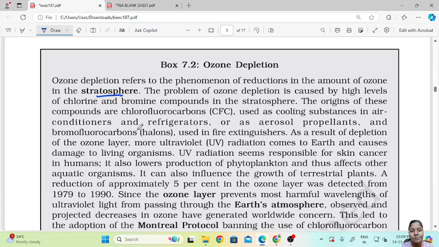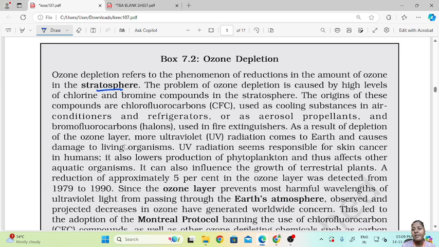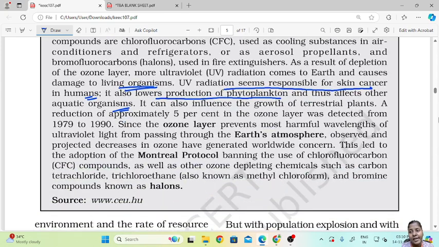As a result of depletion of the ozone layer, more UV radiation comes to earth, and this causes damage to living organisms. UV radiation is responsible for skin cancer in humans. It also lowers production of phytoplankton and thus affects other aquatic organisms. It can also influence the growth of terrestrial plants.